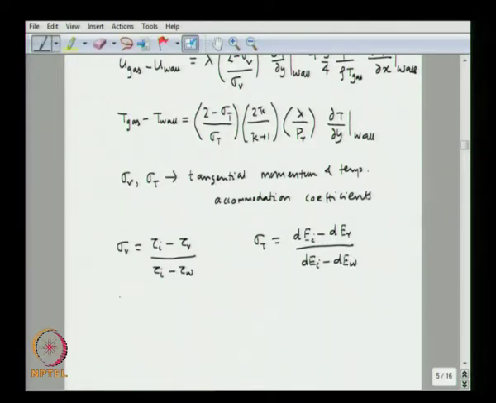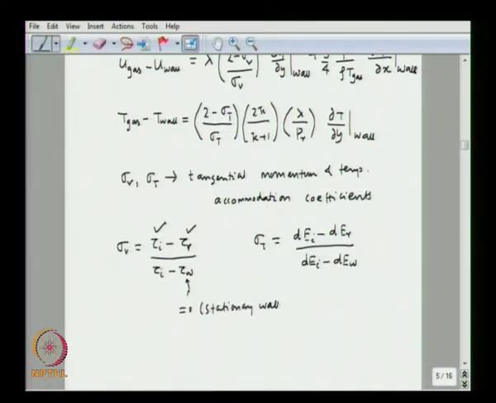So the tau i term here is the tangential momentum of the incoming molecules, and tau r is the tangential momentum of the reflected molecules. Tau w is the tangential momentum of re-emitted molecules which are adsorbed to the surface, and this term goes to 0 for a stationary wall.